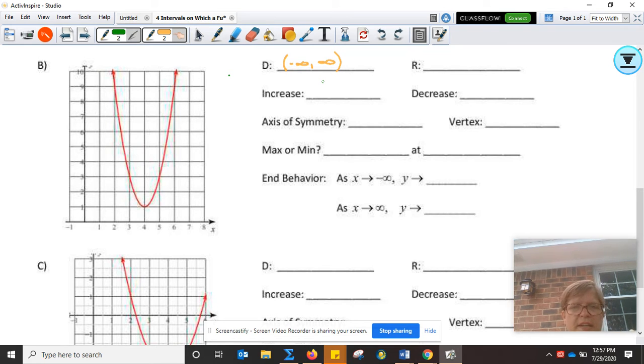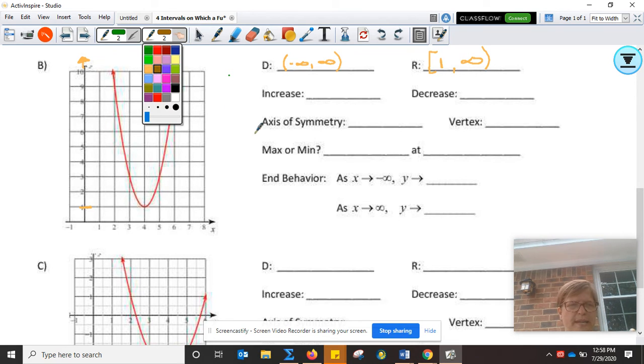Okay? To find your range, that's your y's. Look at your lowest value. What is our lowest y value? Our lowest y value is 1. And it keeps on going. Okay, so our range is going to be bracket because we're using that 1, to infinity. All right.